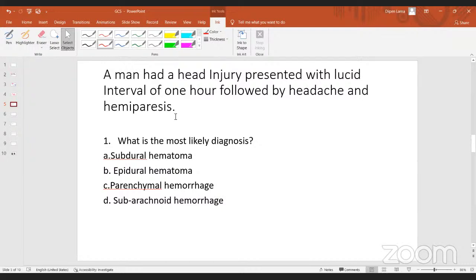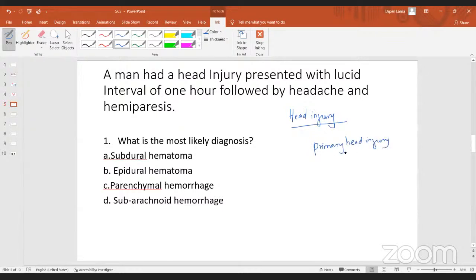A man had a head injury and presents with a lucid interval of 1 hour, followed by headache and hemiparesis. What is the most likely diagnosis? They may ask you this kind of question, so you should know the head injury. You should know the primary head injury.